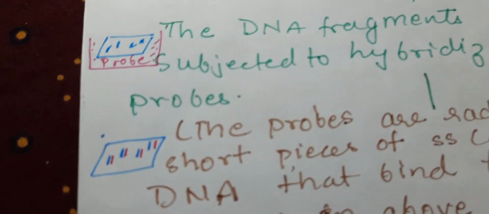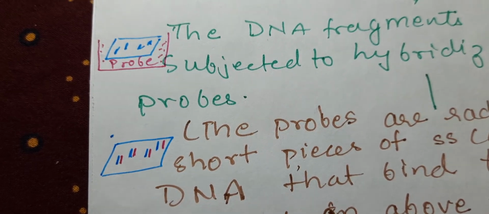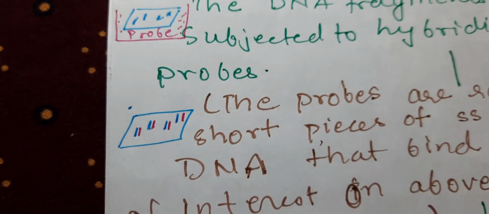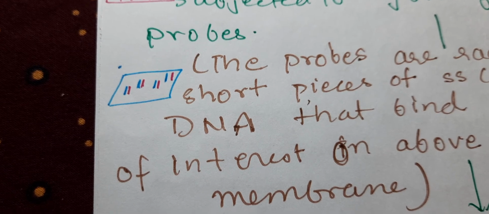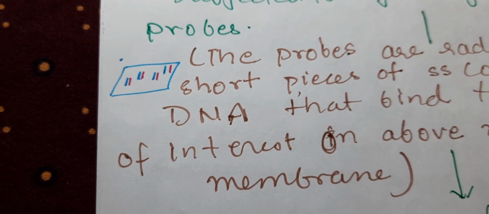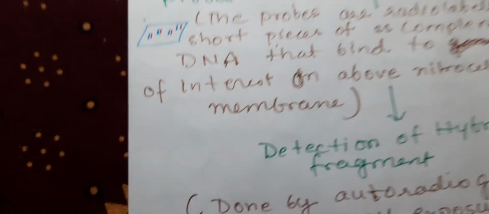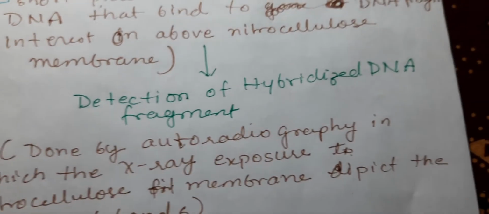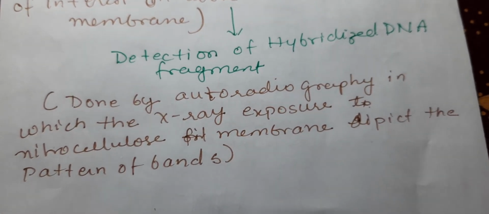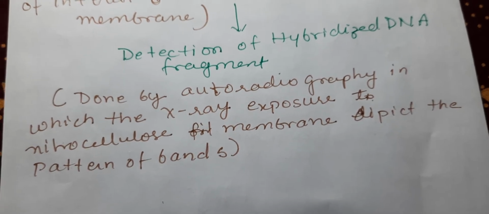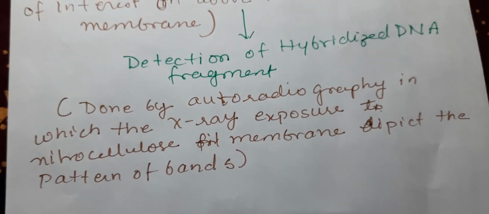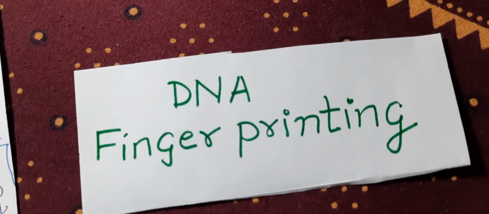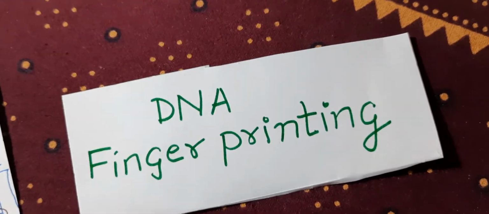You can see the probe hybridization is done here, and the single stranded DNA is converted to double stranded because of the hybridization. The detection of hybridized DNA is done by autoradiography, in which X-rays are used, and you will see the band pattern on the nitrocellulose filter membrane. So this is the technique.